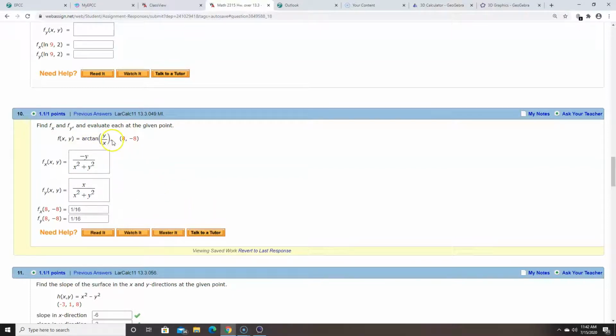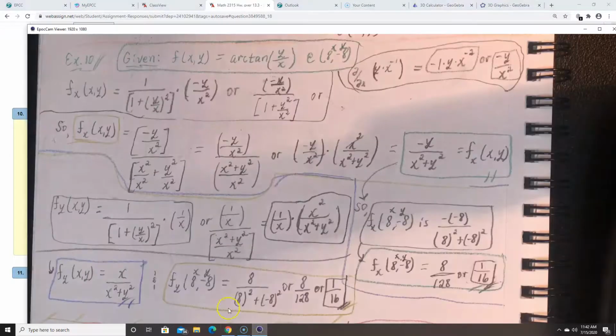So now we differentiate this with respect to y. So right here, the derivative of f partially with respect to y of the two variable function x comma y is, what's the derivative of arctangent again of an inner function?